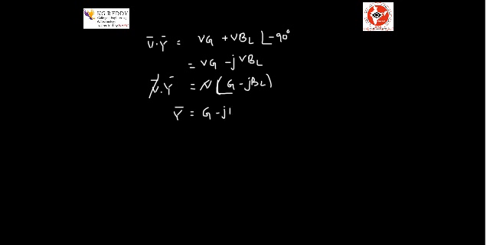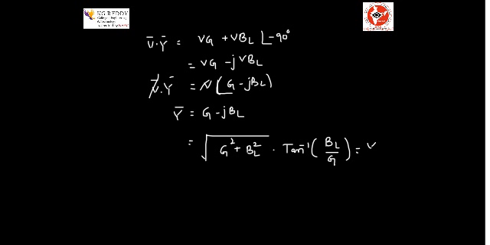If I want to calculate the magnitude, it is square root of G square plus BL square, and the angle is tan inverse of BL by G. Combined together, this is Y at an angle minus phi. This is how we can calculate the current in an RL parallel circuit.